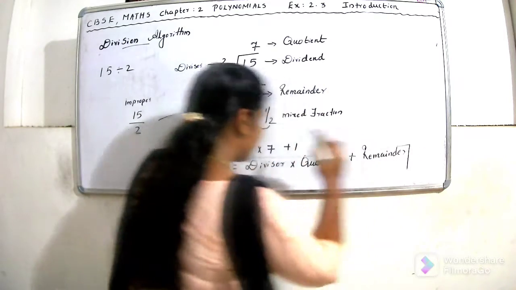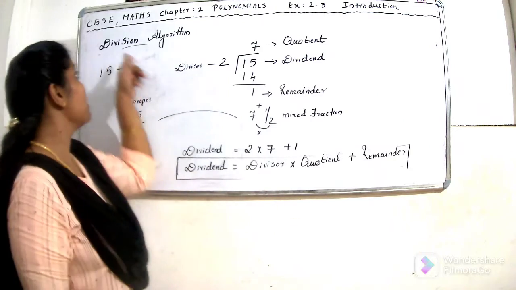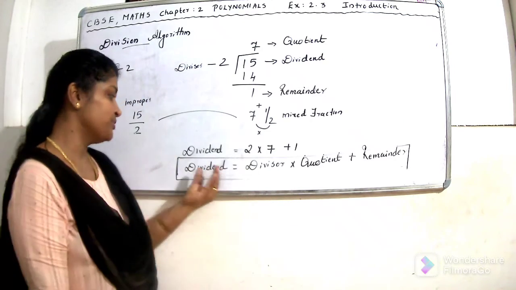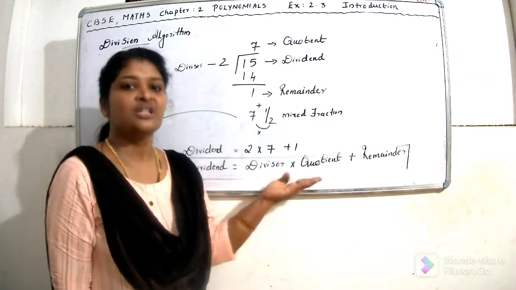This formula we already know, but its name we did not know. Its name is the division algorithm: dividend is equal to divisor into quotient plus remainder.